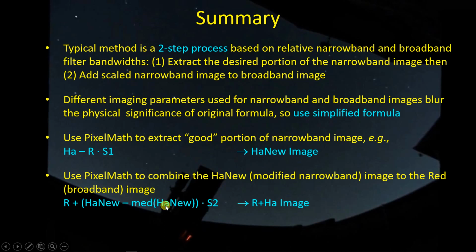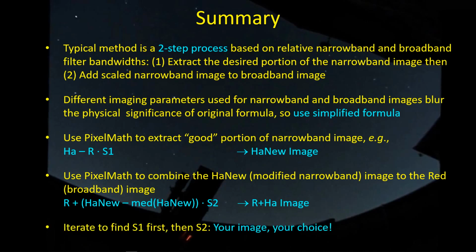We use the median function here to subtract off the noise floor from that file so that we're not adding more background noise to the red channel, but then we boost up the remaining signal part of the hydrogen alpha with this factor S2, and it's probably a good idea to start with a value of 1 here, but you can go up or down depending on what your combined image looks like, and don't be afraid to iterate through this several times because at the end of the day, that's your image and your choice.